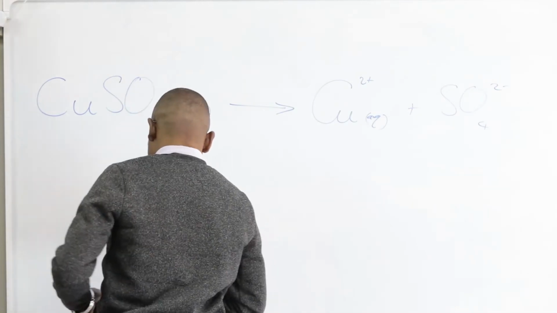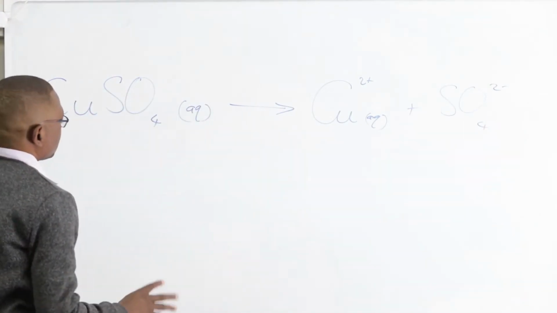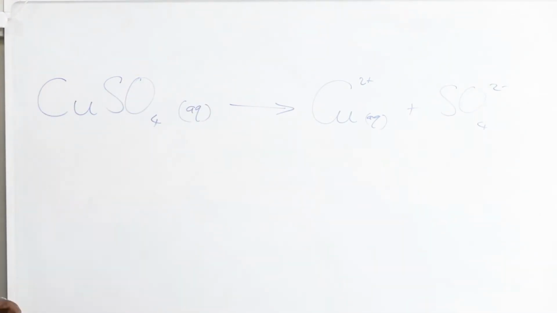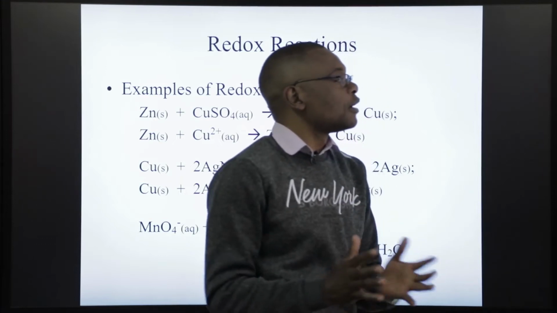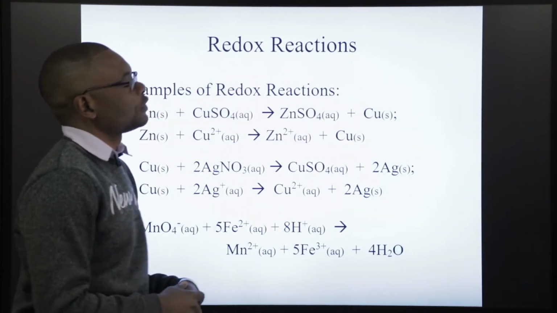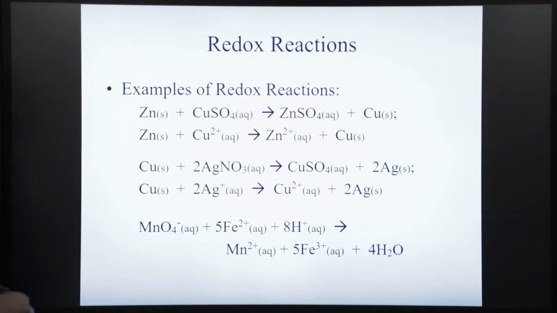If you were to crystallize this or remove the water, the opposite and equal charges would attract each other and form solid copper sulfate. It exists as a solid, and it readily dissolves in water to give you an aqueous solution of copper sulfate, a blue solution.